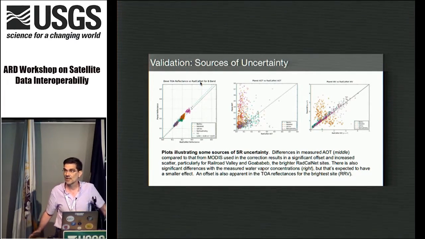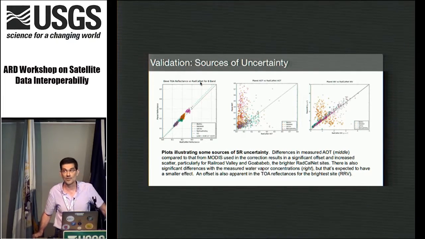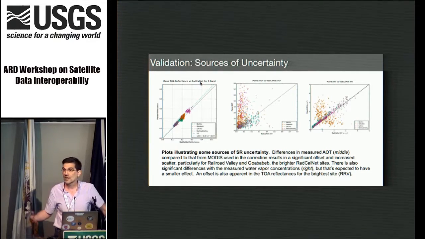You can see that there's already a significant amount of uncertainty in the top of atmosphere to begin with. And the input data for some of the sites, particularly Railroad Valley, like AOD, is very different from the MODIS data compared to what's measured on the ground. So even though there's a lot of scatter in the data, I think they're pretty good results, and it shows some consistency.